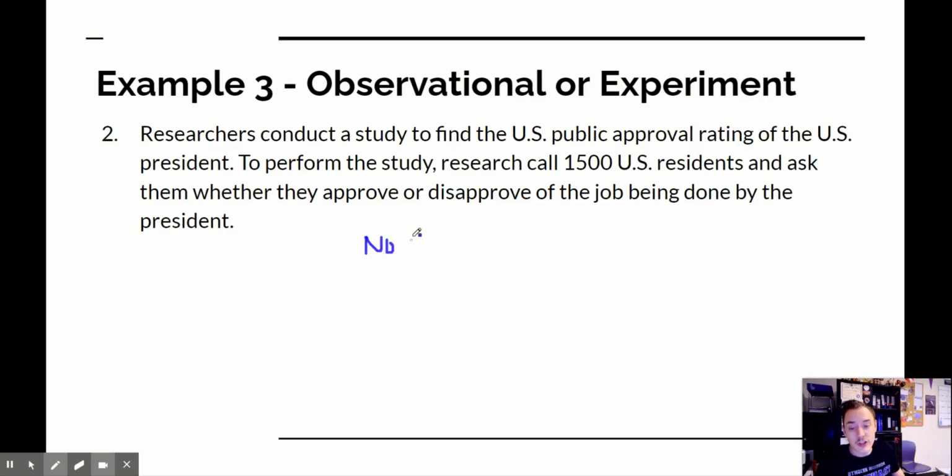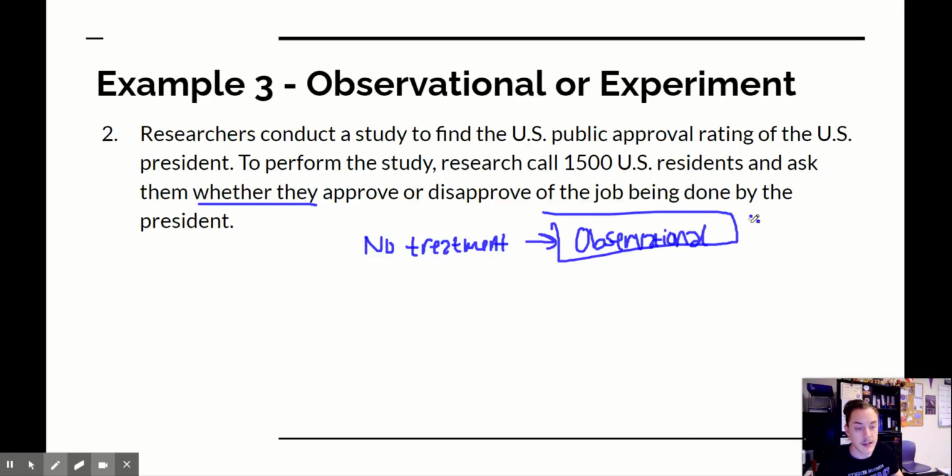Now, since there's no treatment here and they're just taking a poll and seeing whether they approve or disapprove, this is what we call an observational study. Okay? Sometimes you may see survey. This could possibly be a survey as well, but more than likely it's going to be an observational.